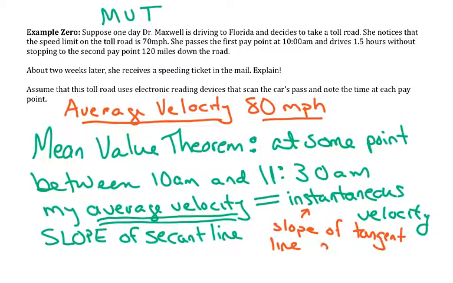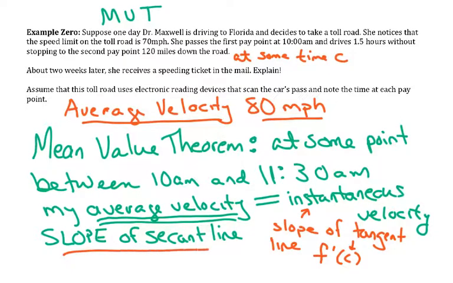Well, that was the derivative. So there is some time c, we call it c, the slope of the secant line equals the slope of the tangent line. That really is what we're talking about.